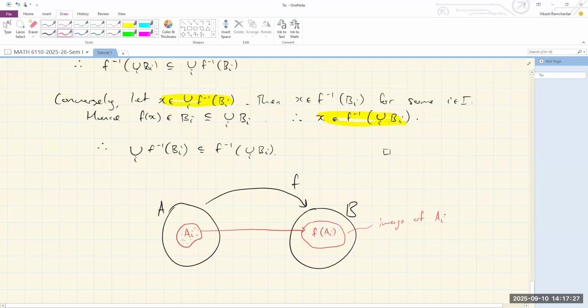It's the set of points that you get when you apply f to every element in A_i.